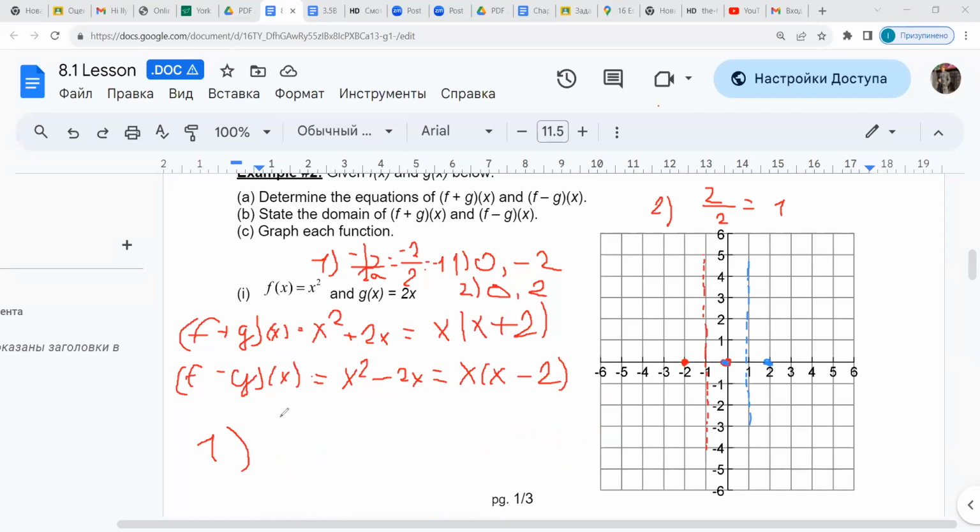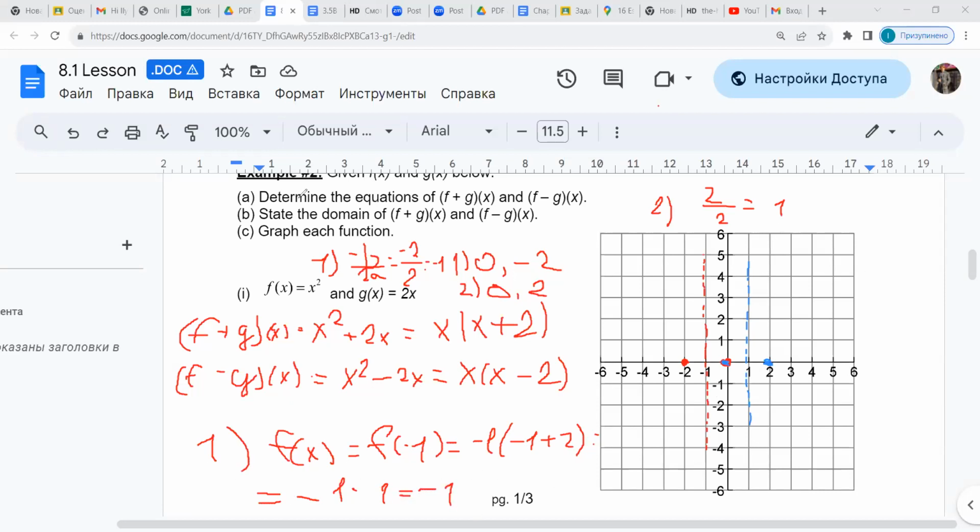I messed it up. Thank you for noticing that. So you're going to substitute -1 into f of x. Basically you're going to solve for f of -1, which will give us -1 times -1 plus 2, which gives us -1 times 1, which gives us -1.